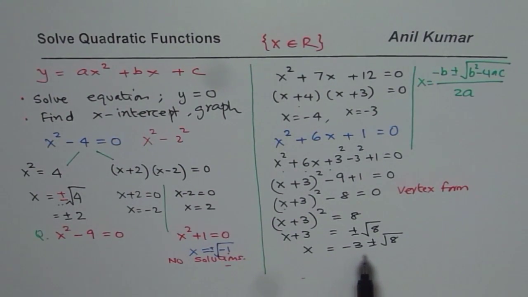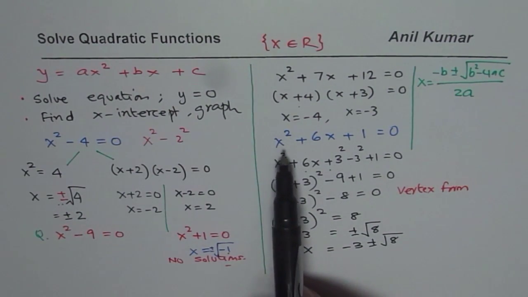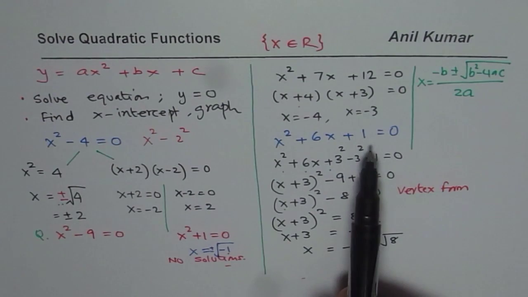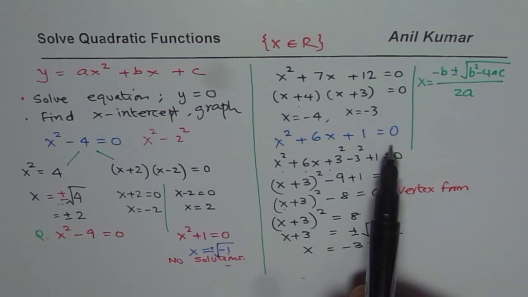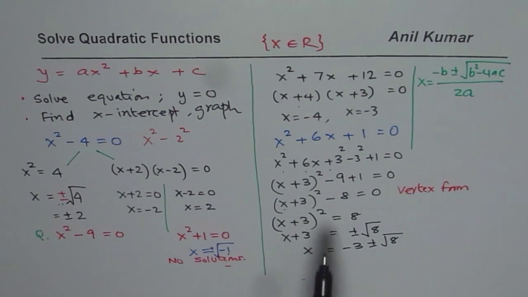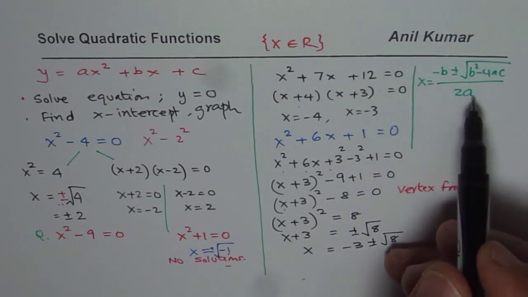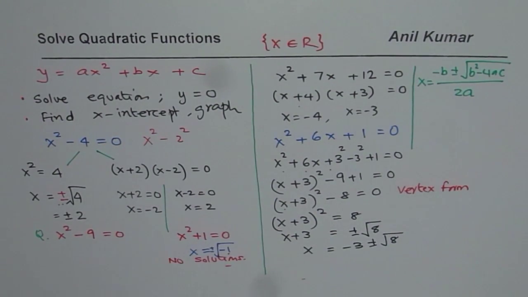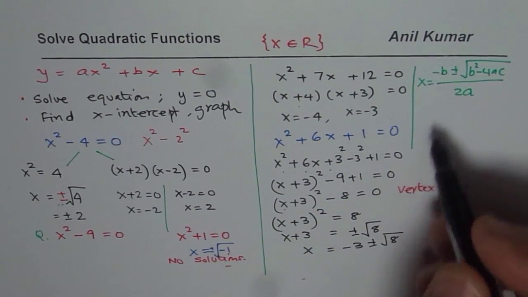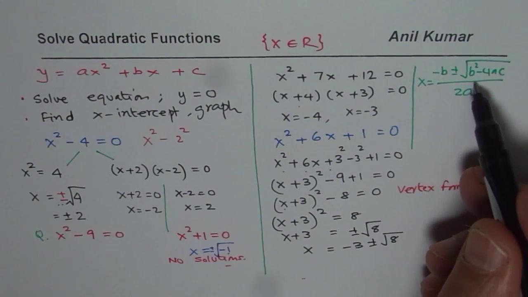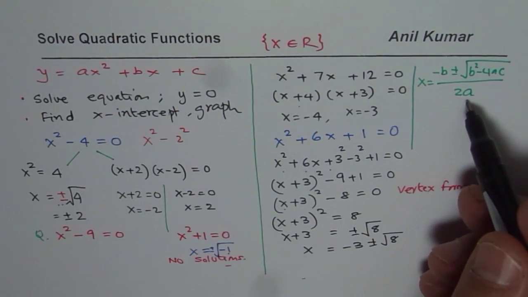Anyway, what we learn here is that if an equation is given in standard form and you want to find a solution, you have to complete the square and then rearrange as I did, in case you're not using the quadratic formula. Or you could straight away apply the values and use the quadratic formula to solve it, right?